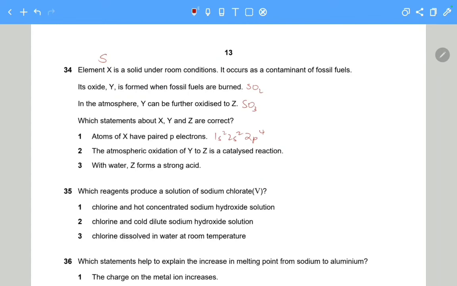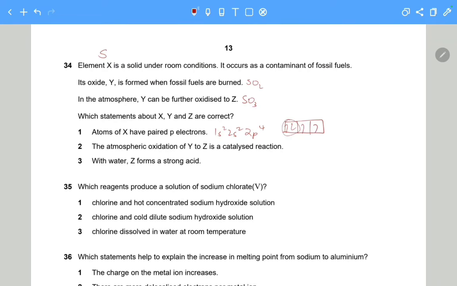So if you look at the p electrons for this atom for X, we look at the p electrons 1, 2, 3, and 4. So we have a pair of p electrons. So this statement is correct.